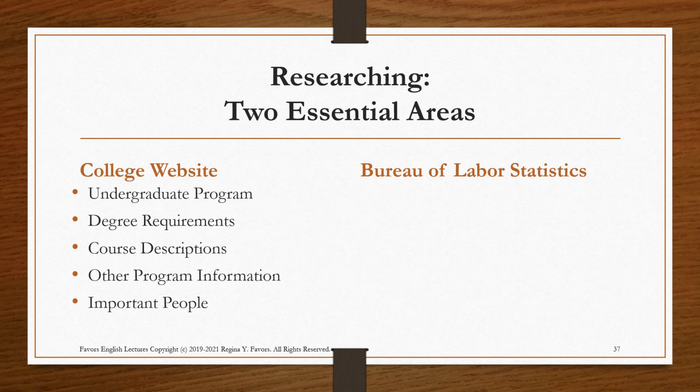Important people is important as well, because if your emphasis is say 20th century literature, 20th century novel, and you don't really have a faculty member who is focusing on the 20th century novel, that may not necessarily be the right program for you. It depends on what you want to do with that particular genre, that period of time.